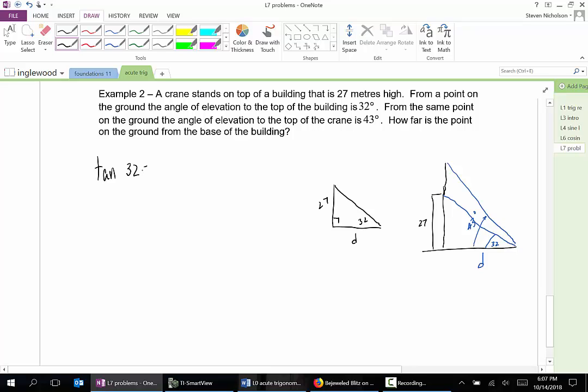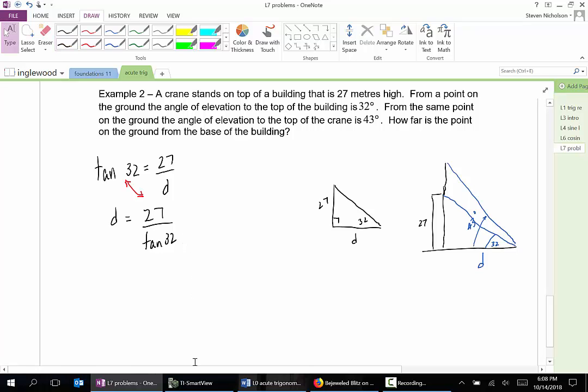So the tangent of 32 is equal to the side opposite over the side adjacent. And hopefully we remember how to solve these grade 10 problems. We did them at the very start of the unit. And the way we do this is we simply interchange these two. And again, if you don't feel comfortable with tan 32, you push that button and enter it as a decimal on your calculator.